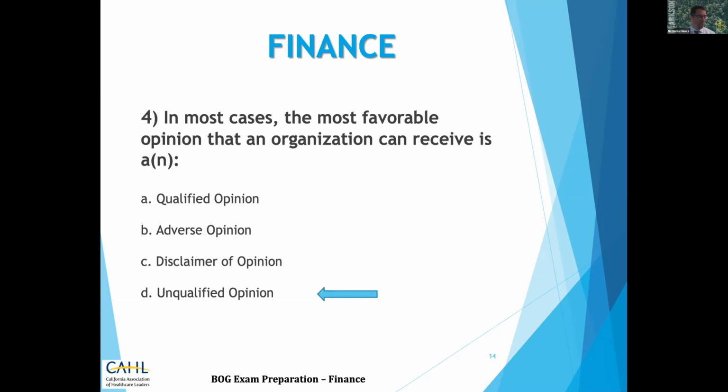Can I chime in on that one quick? This is per Investopedia.com. An unqualified opinion is an independent auditor's judgment that a company's financial statements are fairly and appropriately presented. So I don't know why it's called unqualified, but that's what it is. So I think it's because of how they present the letter after the audit.